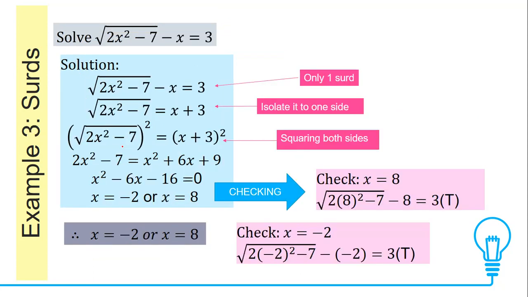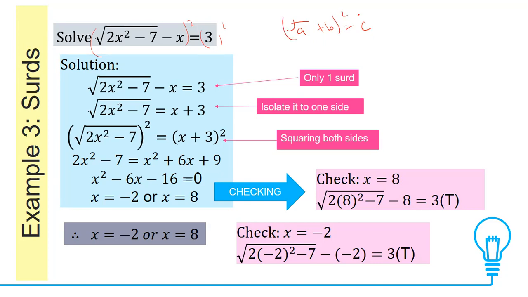Now we look at the third example. Let's say we have the surd of 2x minus 7, minus x, equals 2. Also still one surd. Why didn't we square from here? Let's say I have a surd a plus b equals c.